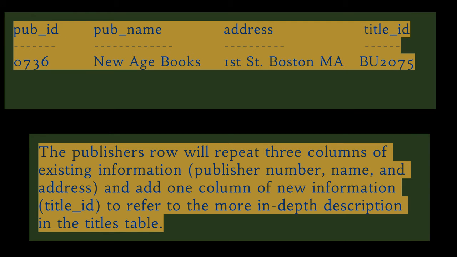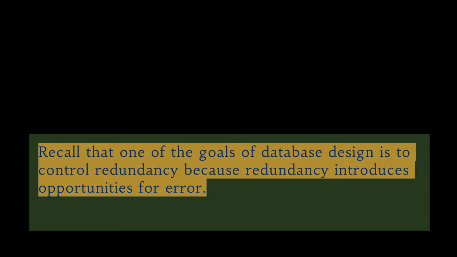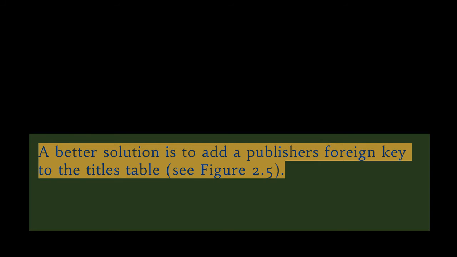The publishers row will repeat 3 columns of existing information: publisher number, name, and address, and add 1 column of new information, title_ID, to refer to the more in-depth description in the titles table. Recall that one of the goals of database design is to control redundancy, because redundancy introduces opportunities for error. A better solution is to add a publisher's foreign key to the titles table. See figure 2.5.